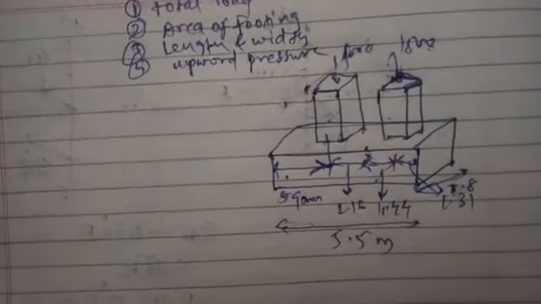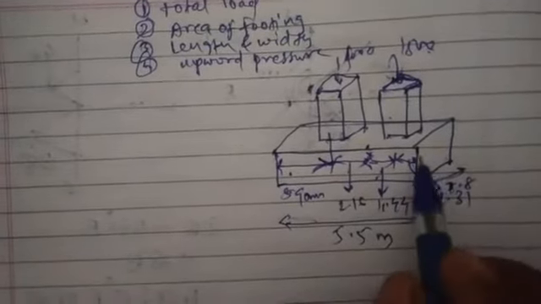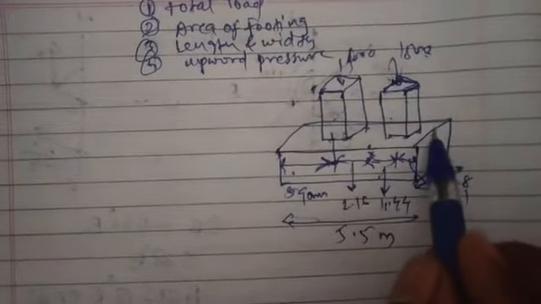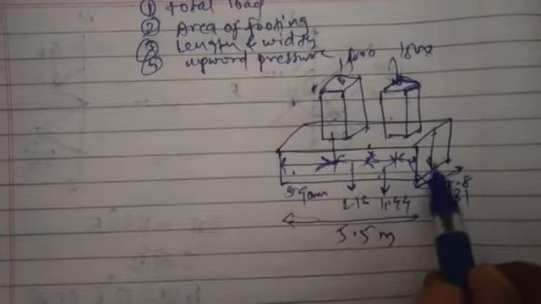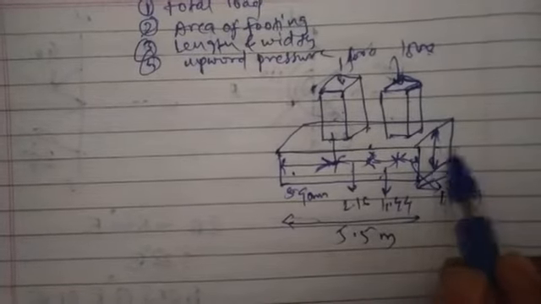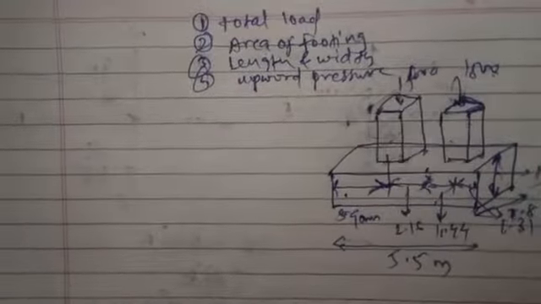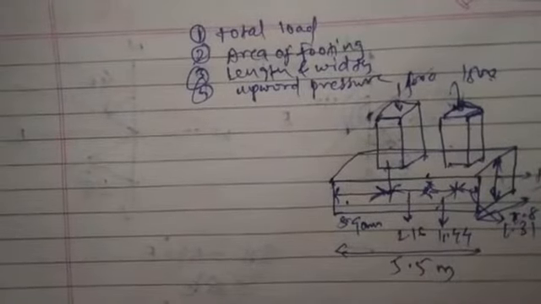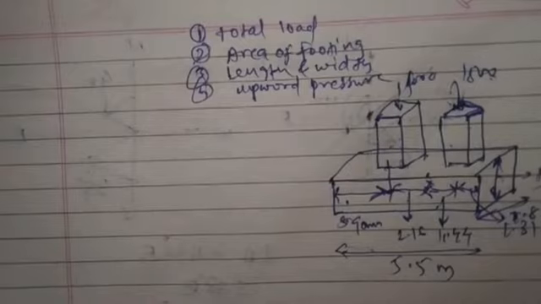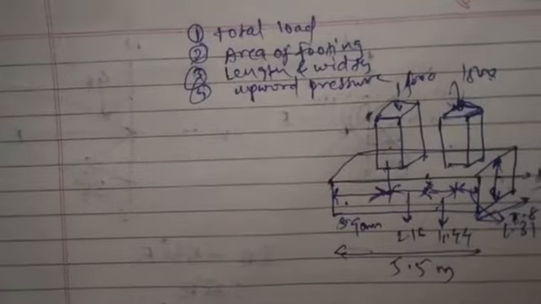We have computed it. Now the third step will be to calculate the third dimension of footing. This will be depth. So for calculating the depth, we'll first use the criteria of bending and we'll calculate the trial depth. Later on we'll check it for the other criteria of shear.